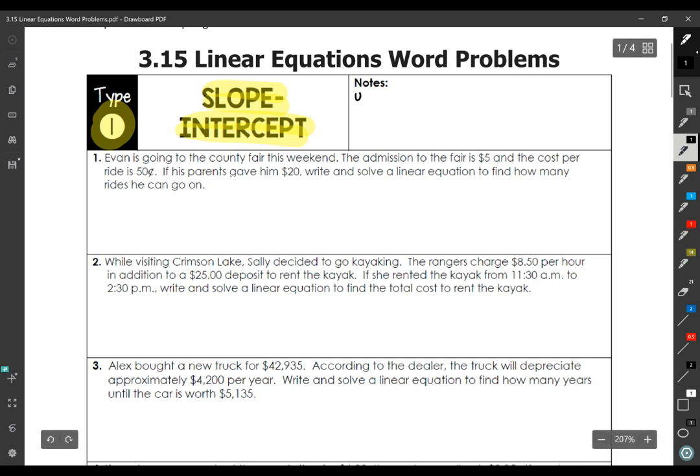We're going to use this method when the question we're reading gives a rate of change, which is our m, remember m, and it also gives us a starting point. Remember, starting point and initial value mean the same thing, okay?